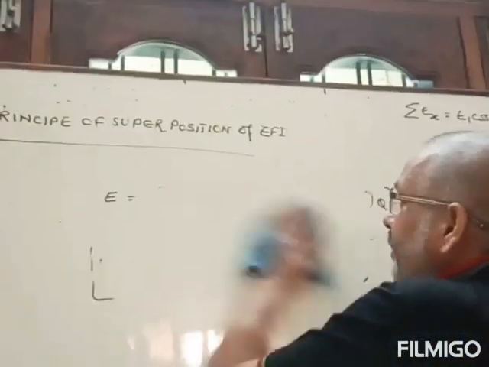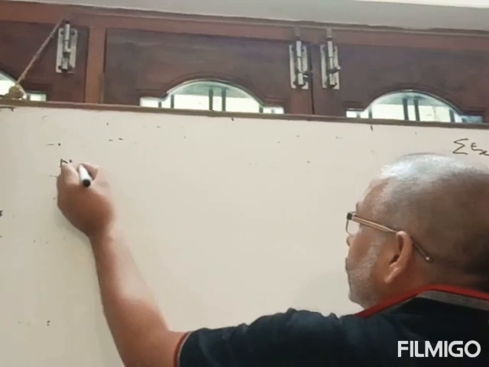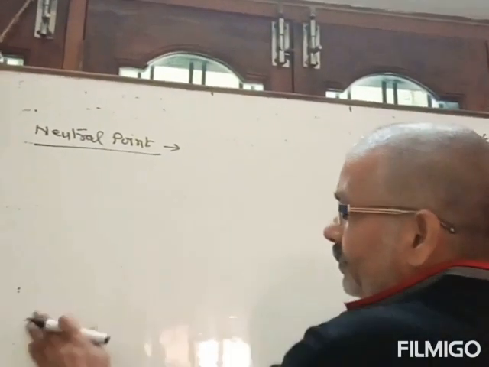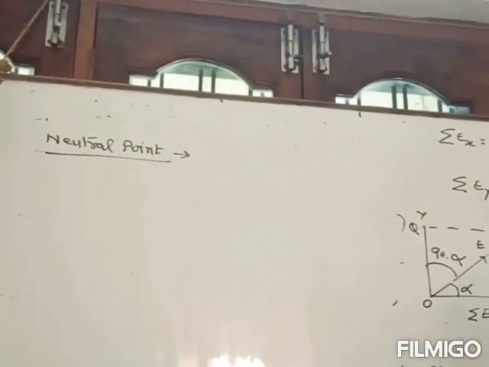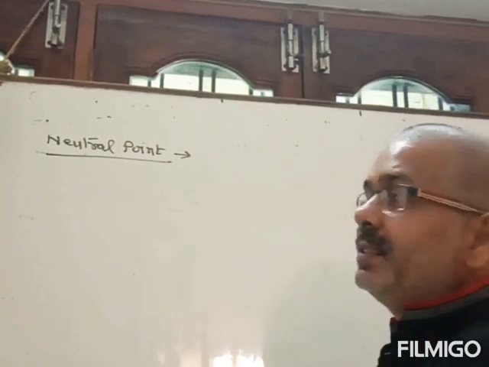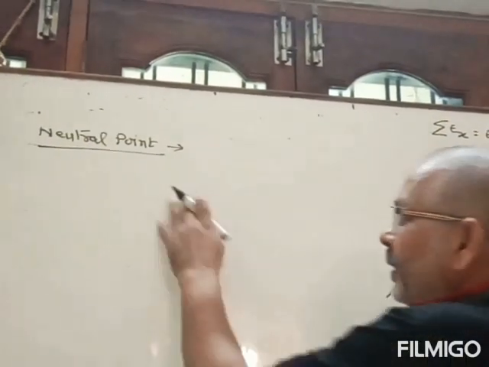Now come to the next point, neutral point. Suppose many electric fields are produced in a certain region, then if the net EFI at a certain point is 0, then that point is said to be a neutral point. Clear?